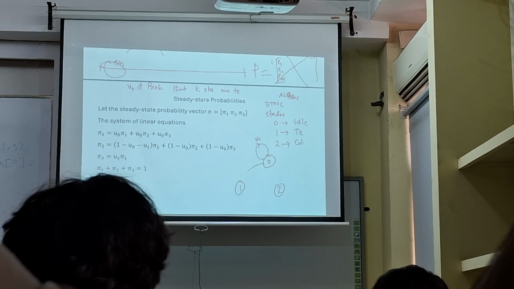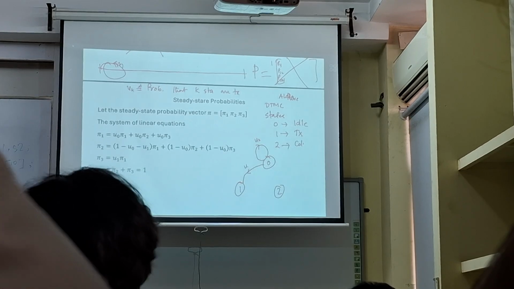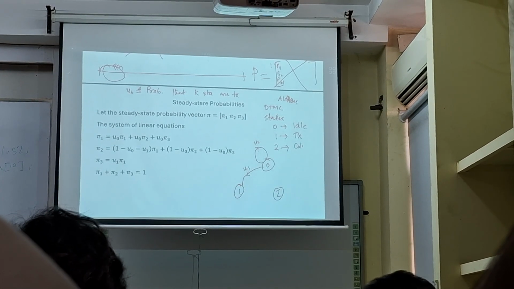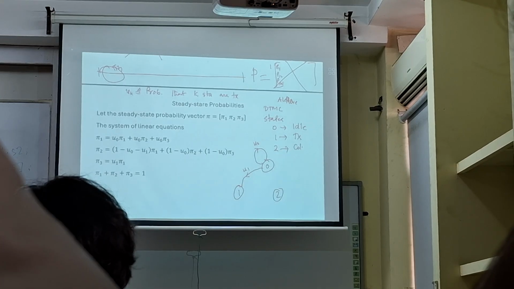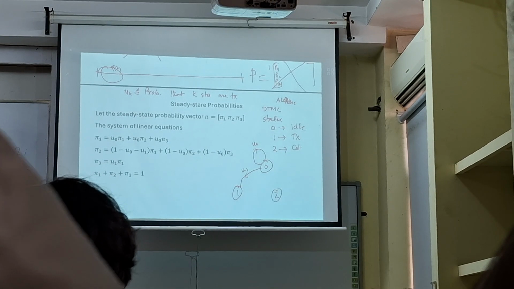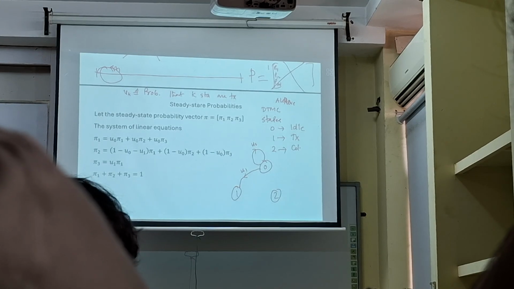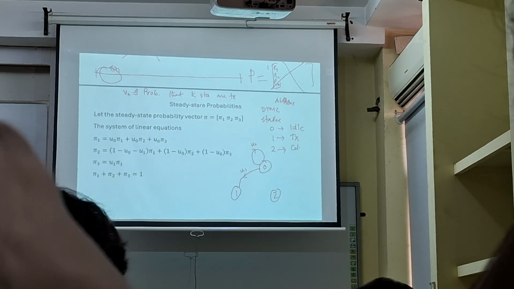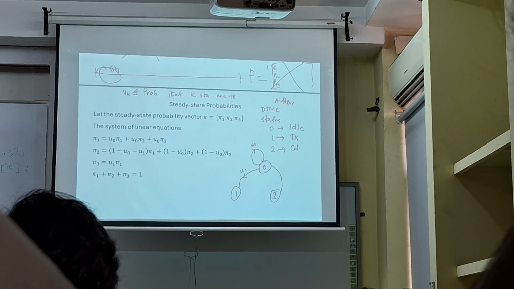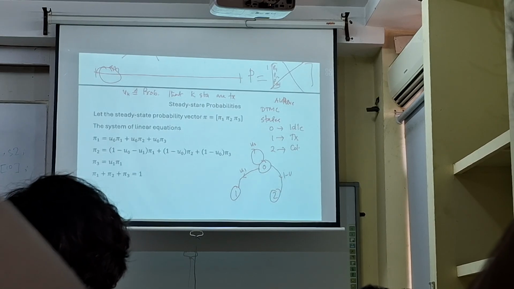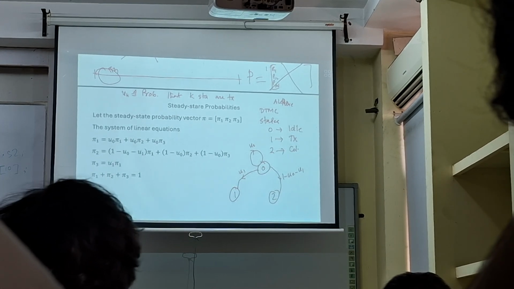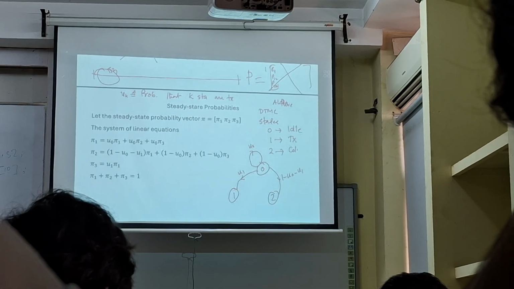With the probability U1, we move from state 0 to state 1, meaning only one station is transmitting and it is successful. And if neither of these two occurs, that means two or more stations are transmitting simultaneously. That occurs with the probability 1 minus U0 minus U1, and the collision state is next.